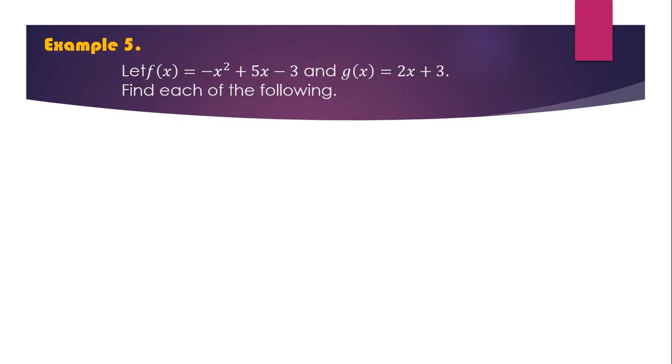So in example 5, let f of x be equal to negative x squared plus 5x minus 3, and g of x is equal to 2x plus 3. Find each of the following. Letter A, f of 2b. Then letter B, g of a plus 1.